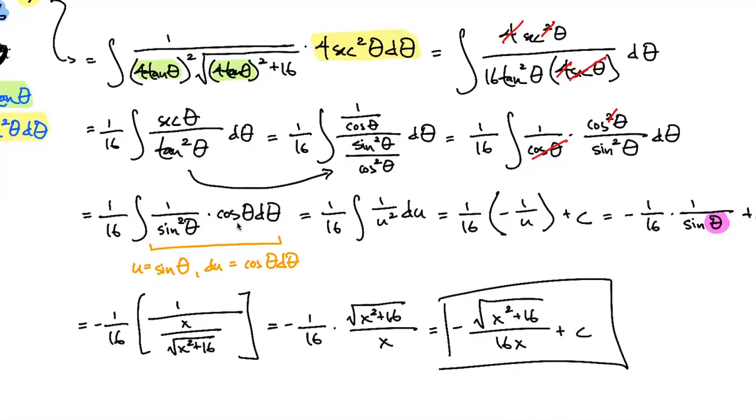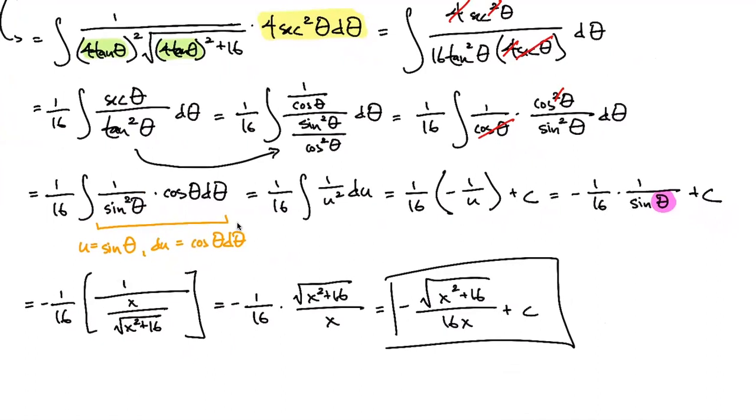Sometimes when you write things in terms of sine and cosine, it cancels some stuff out, or it writes a trig function in a way that is easier to take an integral of, okay?